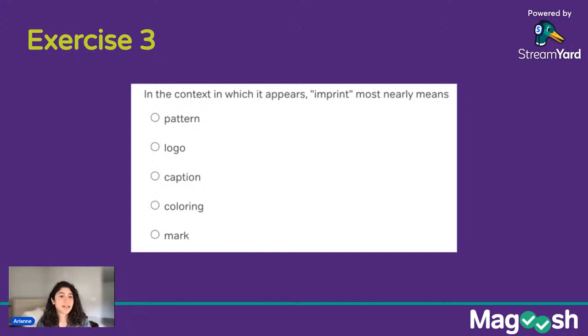We don't know if the artist used blue, red, yellow, green. So our only choice left is mark, which does fit the dictionary definition of imprint and also matches well with our prediction of evidence. Just something that lets us know that there's a connection between the culture and the painting. There's a mark.